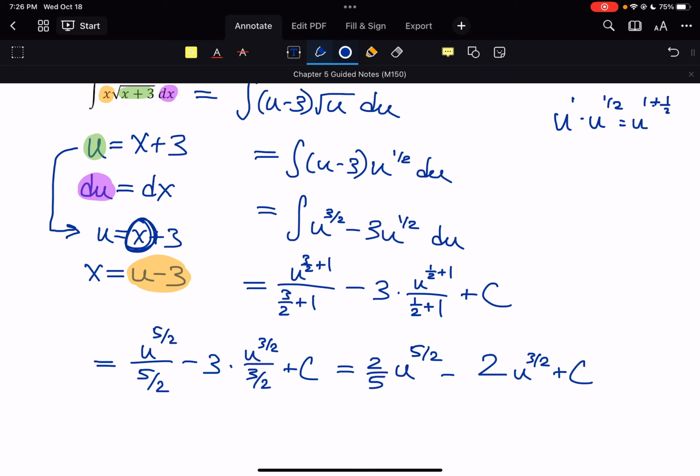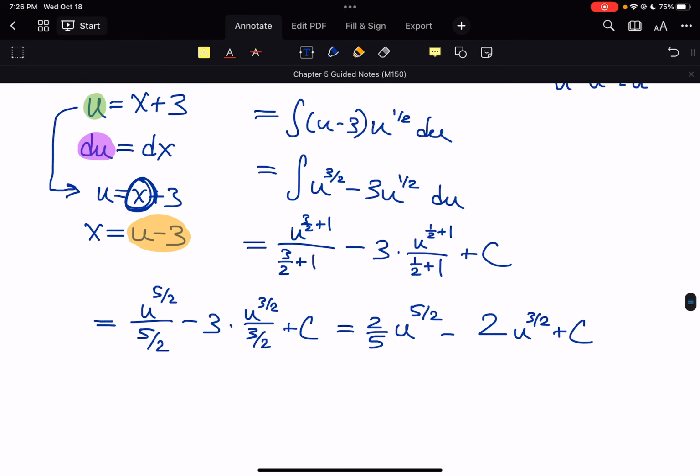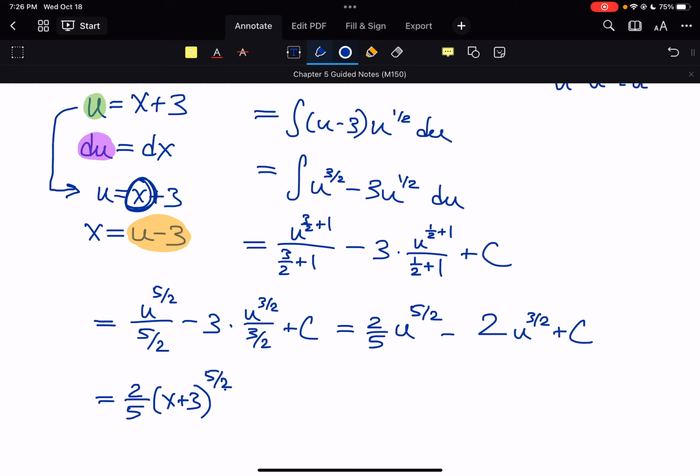And now sub back in. So we know that u equals x plus 3. So put x plus 3's back in for u. So that's 2/5 x plus 3 to the 5 halves minus 2 times x plus 3 to the 3 halves plus c.